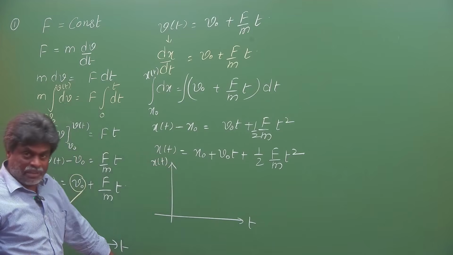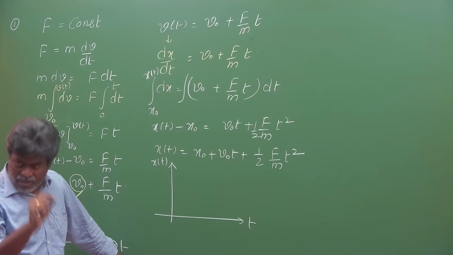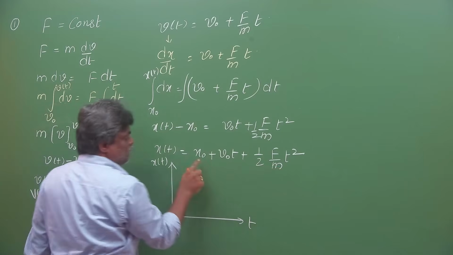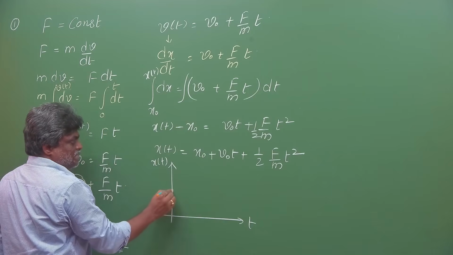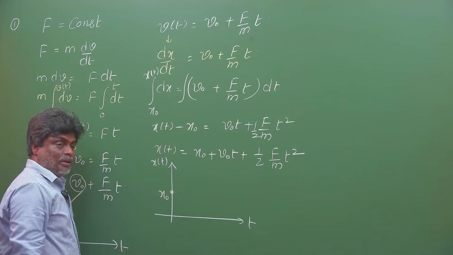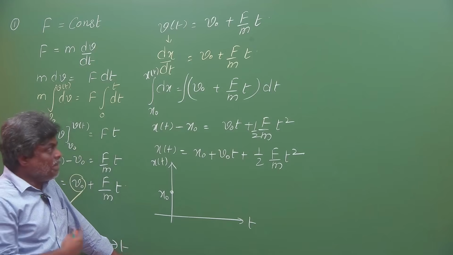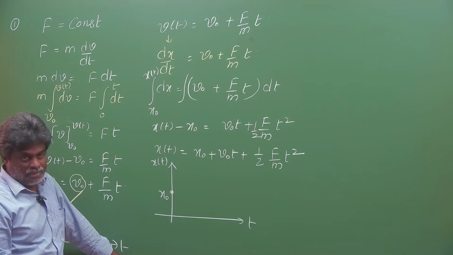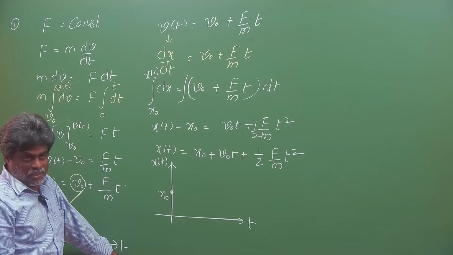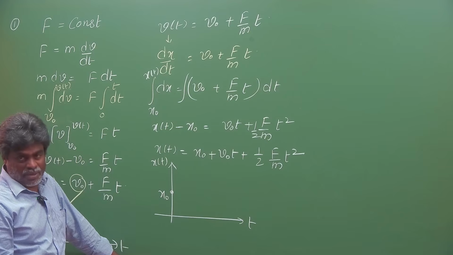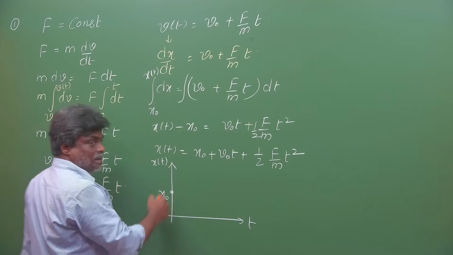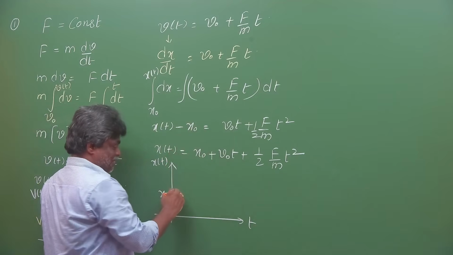Whenever you are drawing the graph, always remember one thing: put t equal to 0 first. Then what is the value? Some value is there. Now, how is it varying with respect to time? t and t square. Which is dominant? t square. So what is that? Parabola.